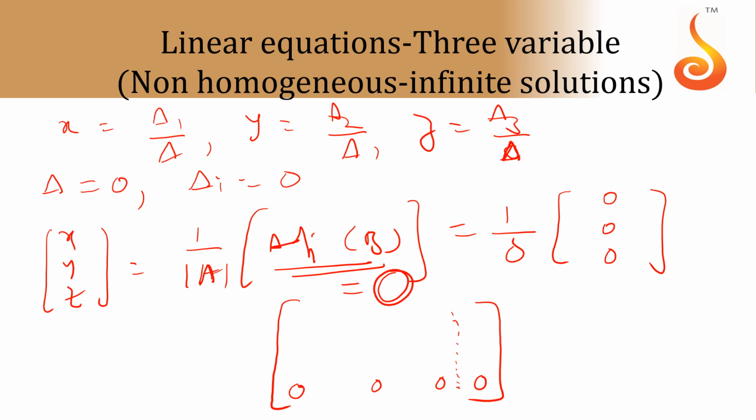In this case, the two ranks are equal but not equal to 3, the number of equations, so there are infinite solutions. If both ranks are equal and equal to 3, there is a unique solution. If the ranks are not equal, there is no solution.